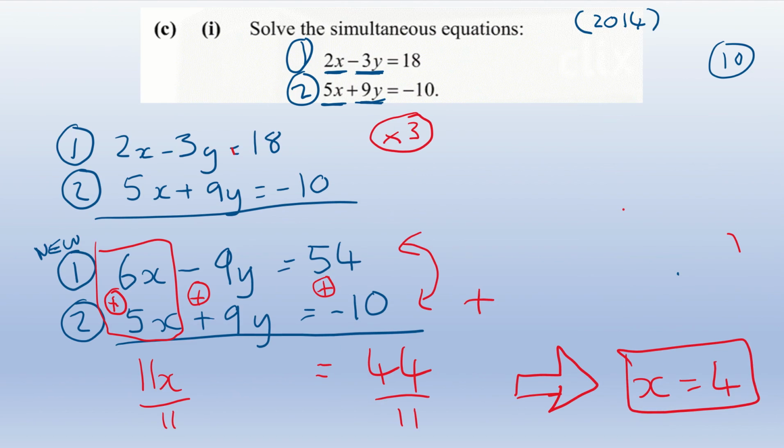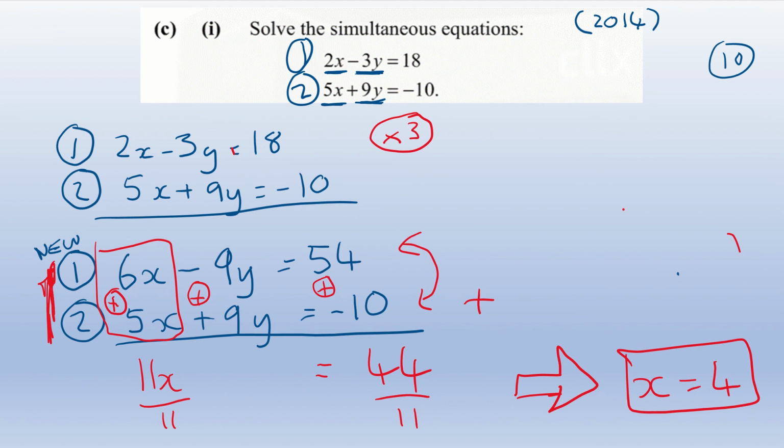And just to walk back through that question, you multiplied your first equation by 3 in order to transform your minus 3y into a minus 9y, but you made sure to multiply the whole of the equation by 3. You combined your new equation number 1 and your equation number 2.